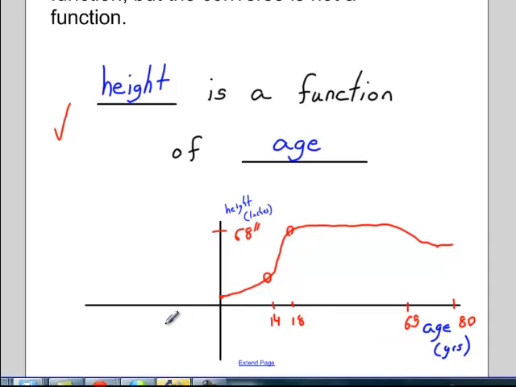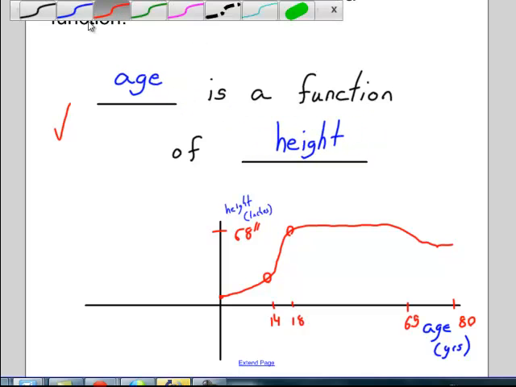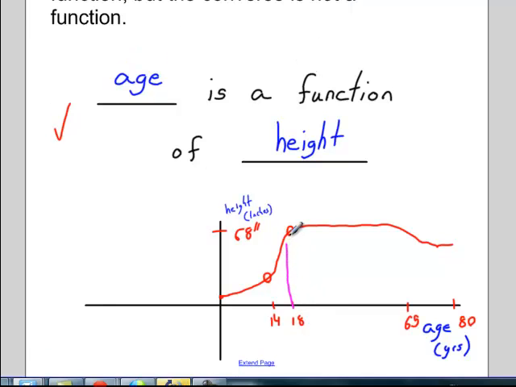Alright, so let's see if the converse of this is true. If I switch this and I put height here and age here, that ends up not being a function, because let's look at this. At 18, this person was a certain height, and let's say that was 67 inches.